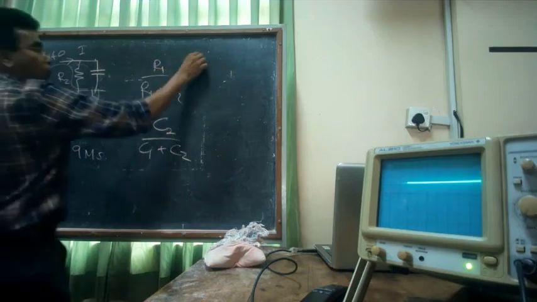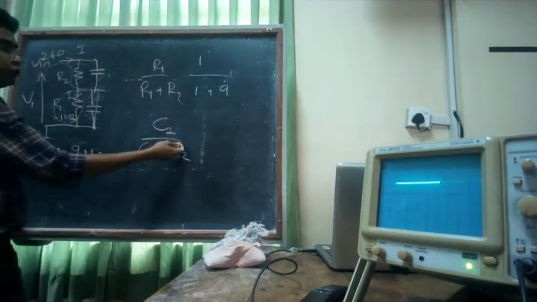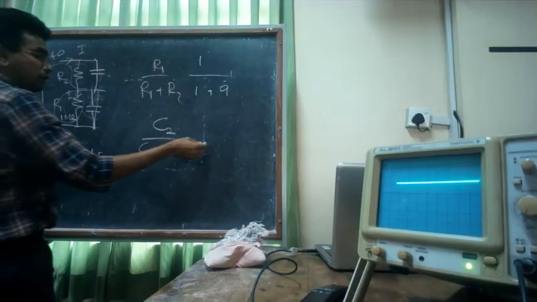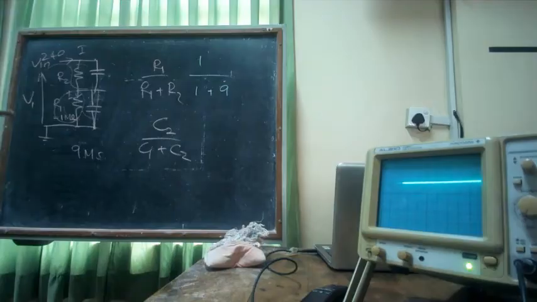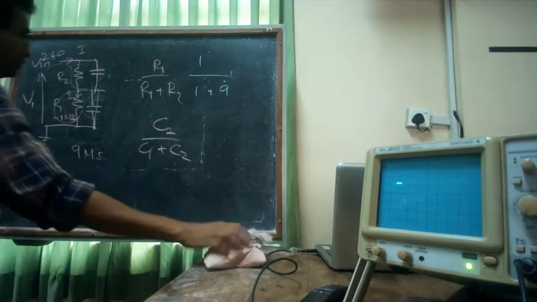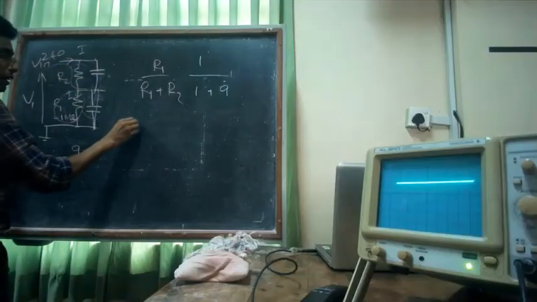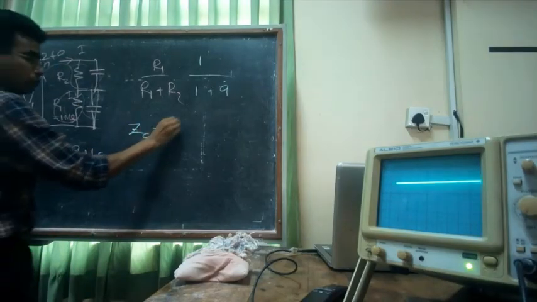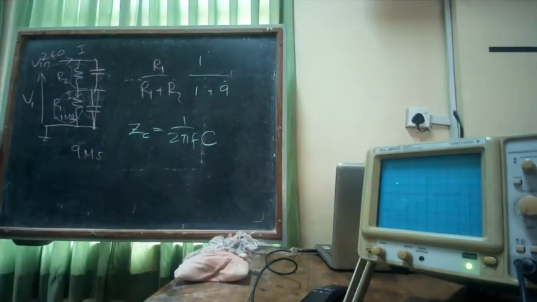So if this is 1 into 9, this has to be the other way around, right? I'm not sure whether I have written it right. So I'll give you the equation and then later on you will learn it. The impedance of a capacitor is equal to 1 over 2 pi f c, right?